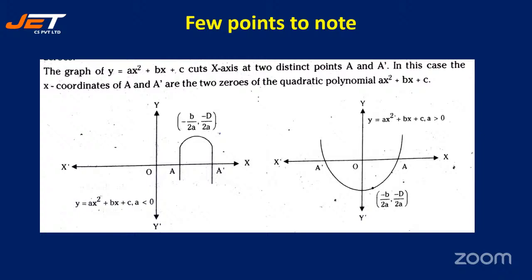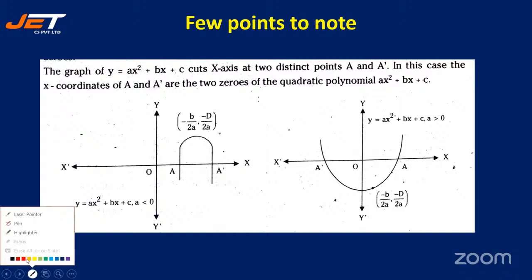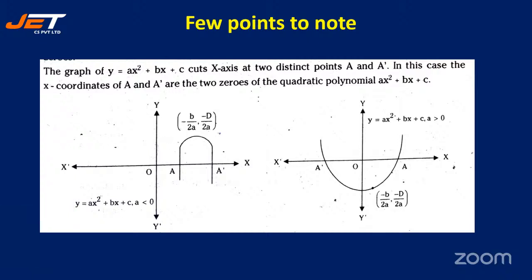A few points to be noted. The graph of y is equal to ax square plus bx plus c cuts the x-axis at two distinct points, you can see here at a and a dash.